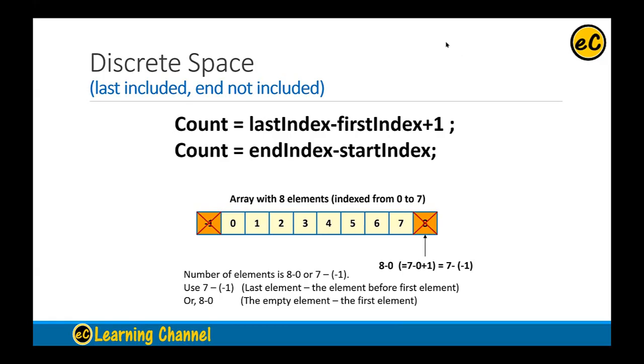So your symmetric location, number of elements, okay? If the elements are just from 0 to 7, you use A minus 0. Okay, if the n index is not included, then it's okay. And if you are using the last index, it's the last index minus the first index plus 1, okay? N index means the one that is not included.